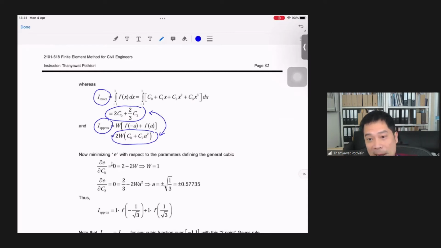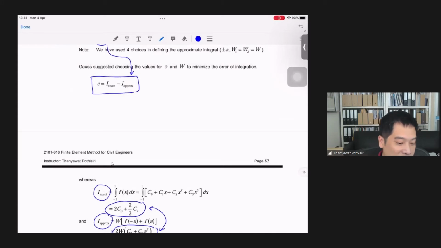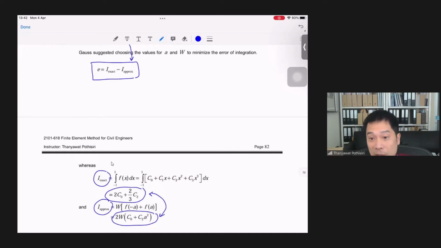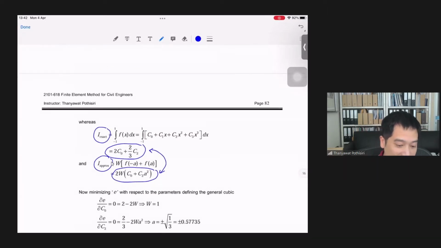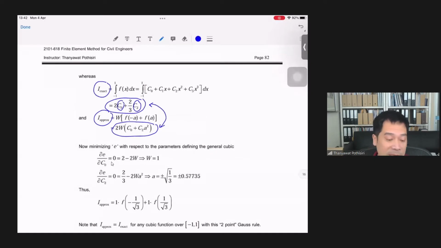So you can do so by solving a minimization problem. So basically, you try to find the derivative of this with respect to the variables that we're dealing with. Now, in this case, we have two variables, C0 and C2, right? So you are computing the derivative of your objective function with respect to C0, set it to 0, and then do the same thing with C2 and set it to 0, okay?